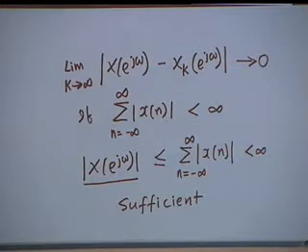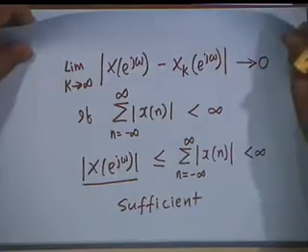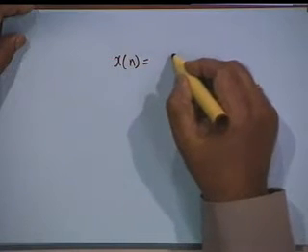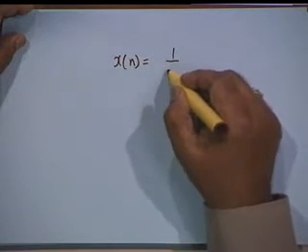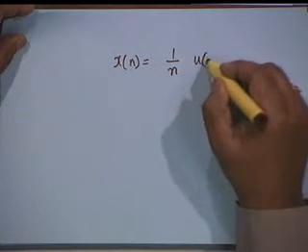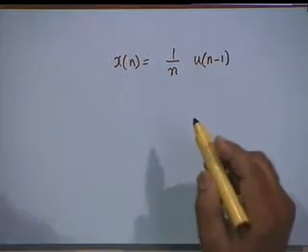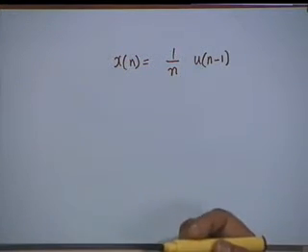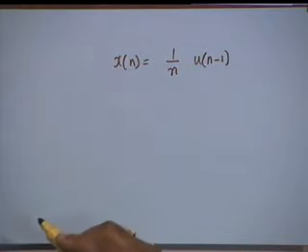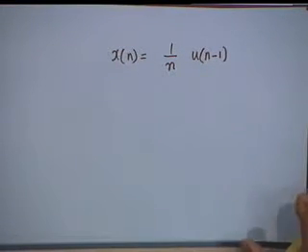One counter example is good enough, and this counter example is provided by a sequence x of n equal to 1 by n u of n minus 1. It cannot start from n equal to 0, because you start with an infinite sample, okay, u of n minus 1.